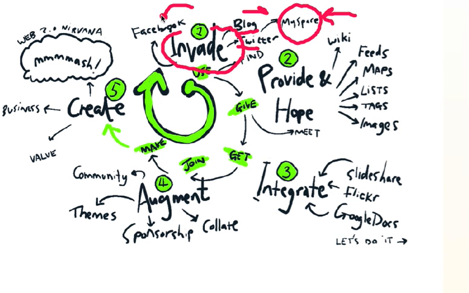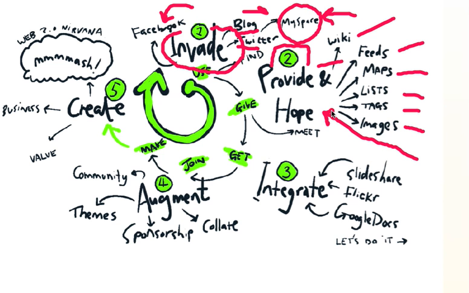You're on Facebook, and now one of the next things that's important is provide and hope. This is basically about finding any data you have, and putting it out there in a way that allows other people to begin using it. So don't just put things in web pages. Put things in PDFs or in tables or in RSS feeds or whatever, because you never know.